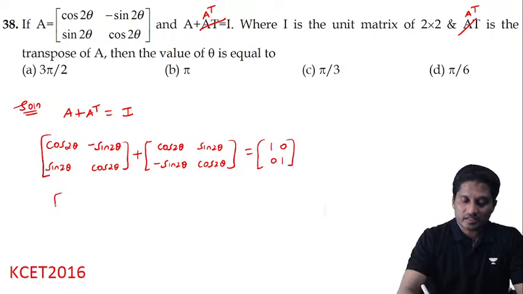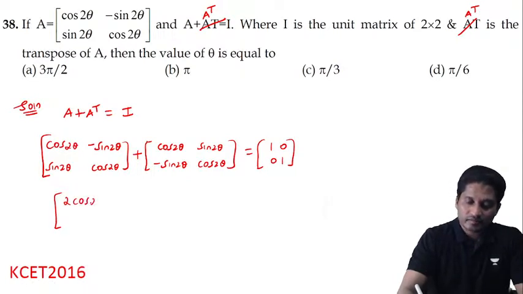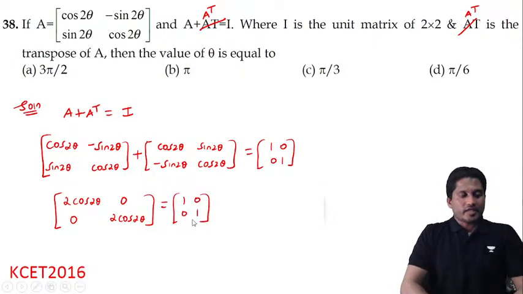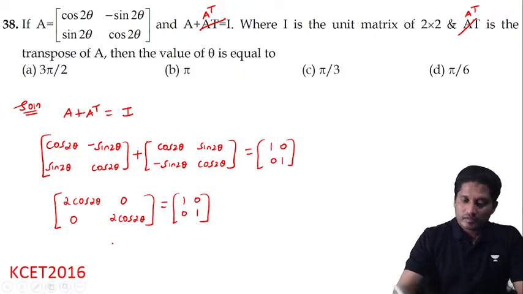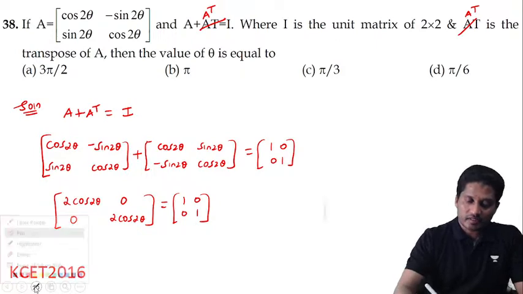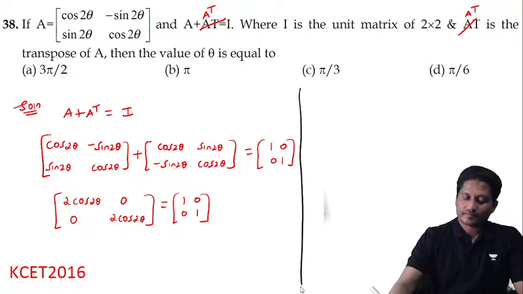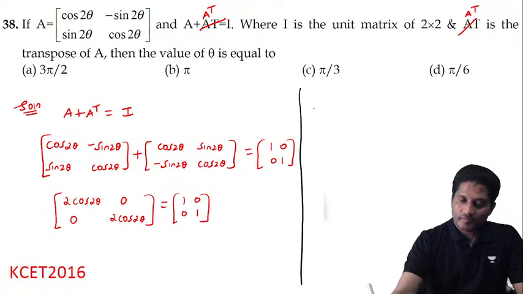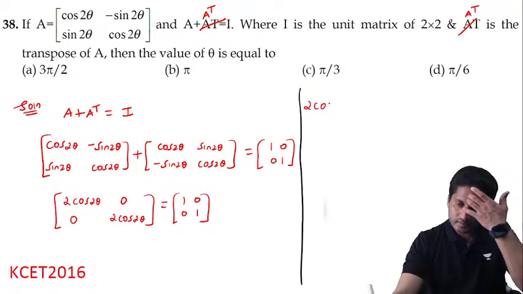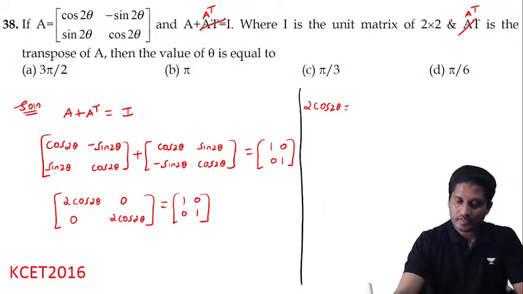Right, now if I add this, 2 cos 2 theta, this is 0, and then you get 2 cos 2 theta equal to matrix 1001. Now if I equate the corresponding values, you get 2 cos 2 theta equal to 1.